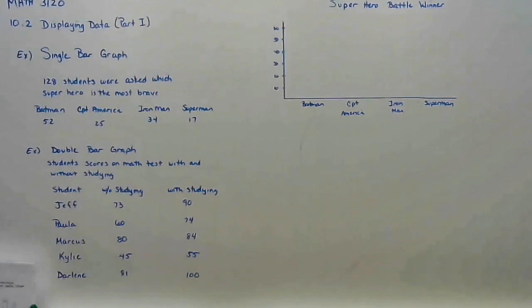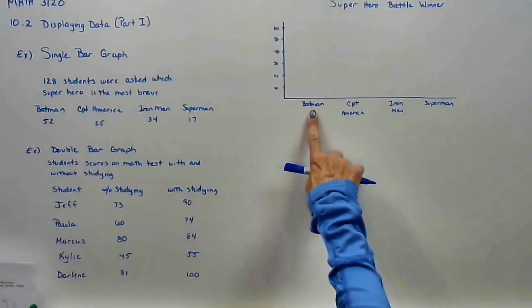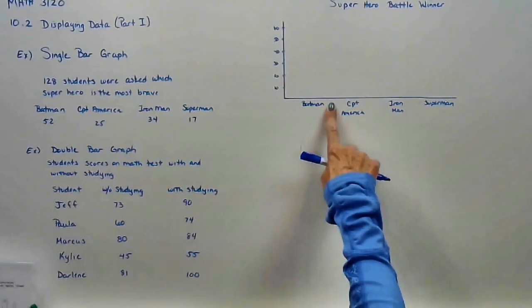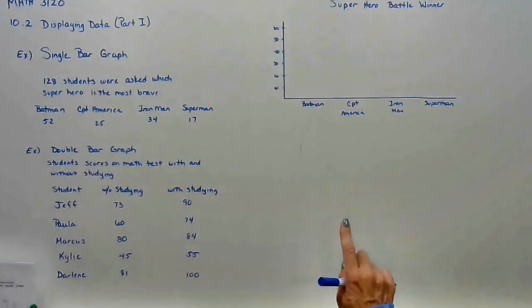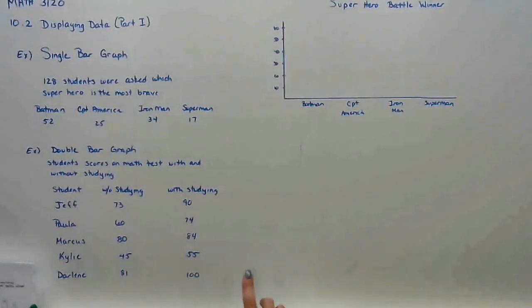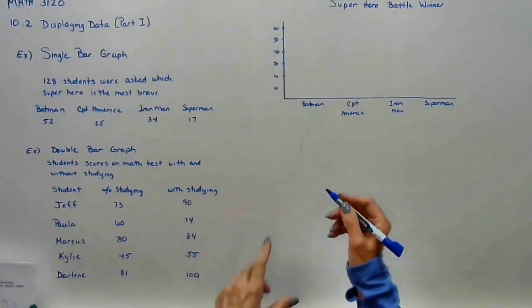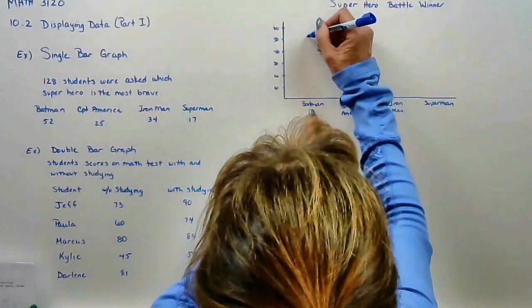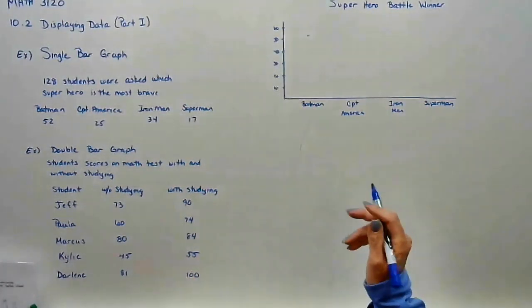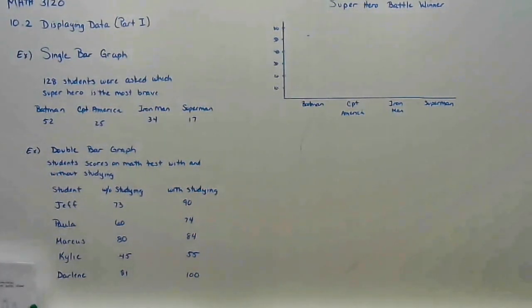And now with a bar graph, we need to make sure we put a space between them. The rule of thumb is, once we create our first bar, the space between them should be half as wide. So Batman, there's 52 people. So 52, and again, I kind of like to go up and make a little mark. I'm going to switch colors.